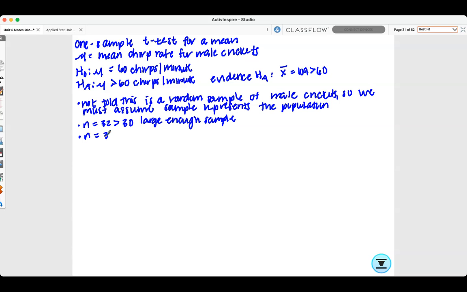And n equals 32 is less than 10% of all male crickets.